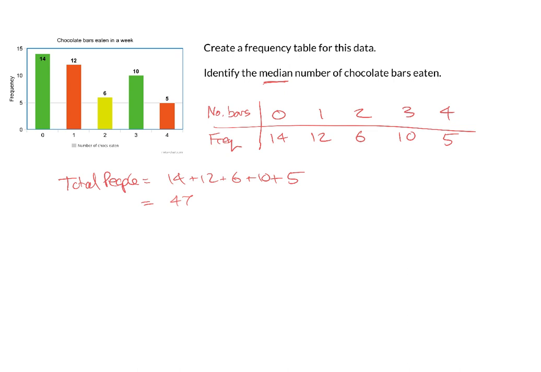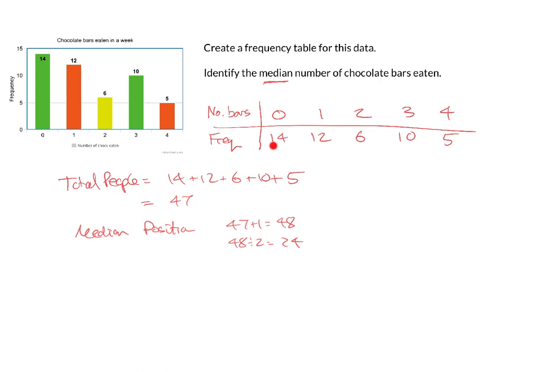Okay, so 47 people. So the median position is 47 plus 1, which is 48. 48 divided by 2 is 24. So I want to find the 24th person going from 0 upwards.